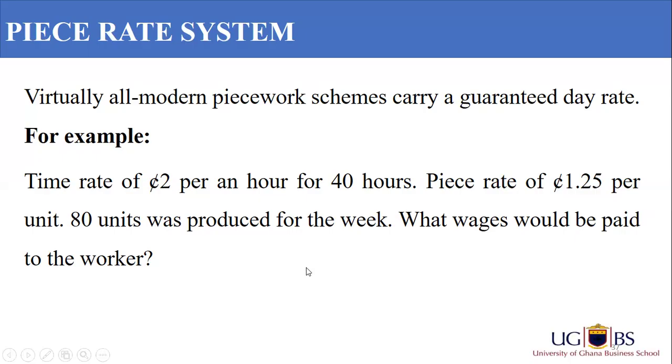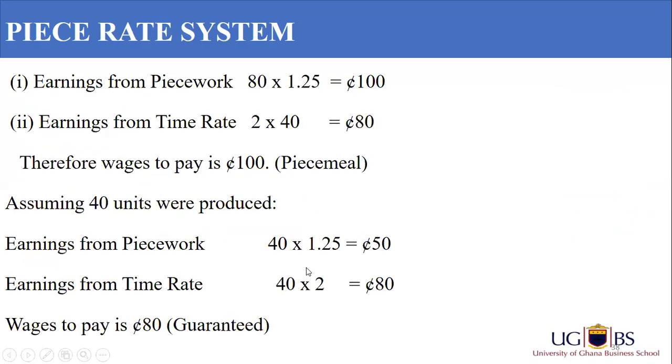So basically, it was solved here, right? Earnings per piece rate and per time rate: you can see the piece rate is bigger than the time rate, so you are going to be paid the piece work rate. Then assuming 40 units were produced instead of the 80, you are going to get 50 as the piece rate, and your time rate is still going to be 80, so you'll be paid the 80.